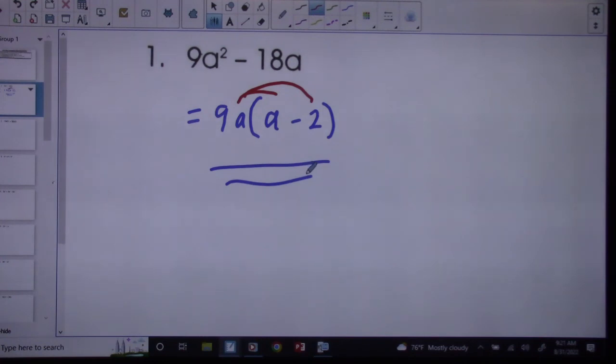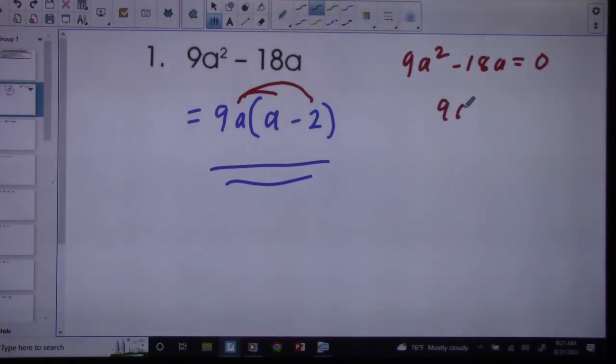Okay? And again, just to tie in what we were talking about, what you would use this for is if, let's say you had the equation 9a squared minus 18a is equal to 0, you could use the factoring to solve this equation.